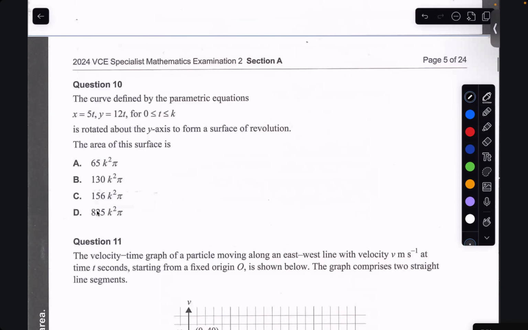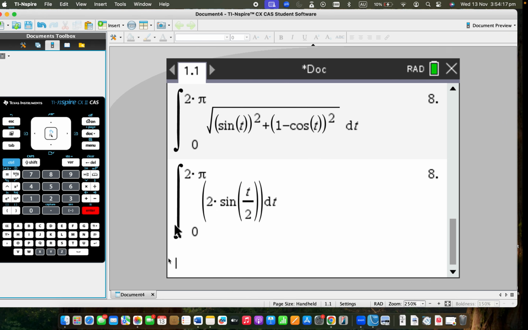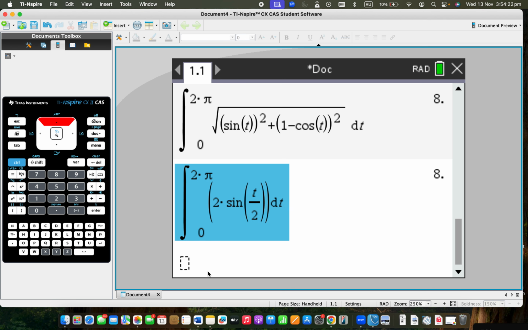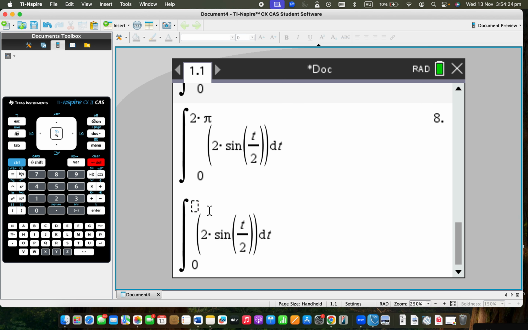The curve defined by the parametric equations is rotated about the y-axis. So about the y-axis, it's going to be 2 pi x times the square root of dx over dt squared plus dy over dt squared. And that's going to be from 0 to k. So here if we do, I'm just going to enter this integral down, change it 0 to k.